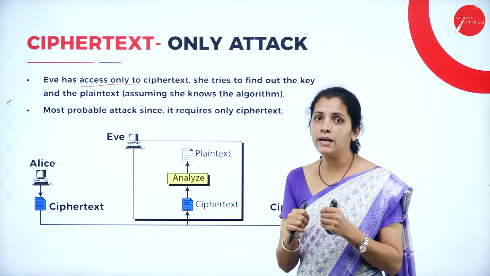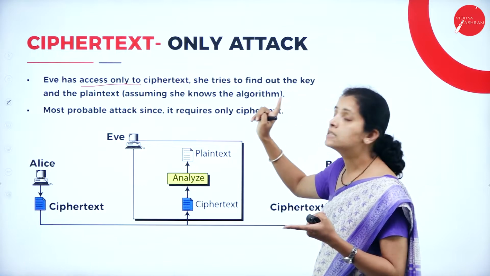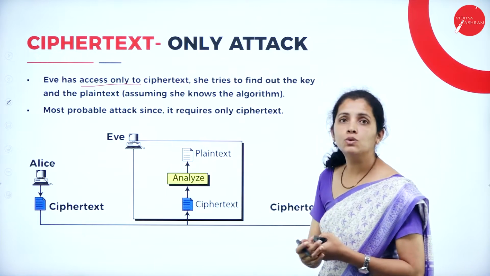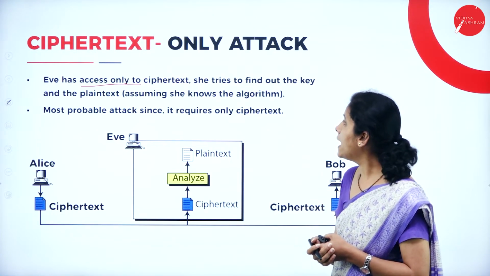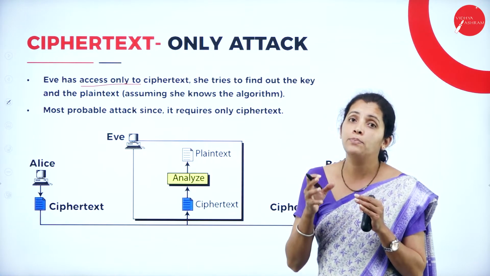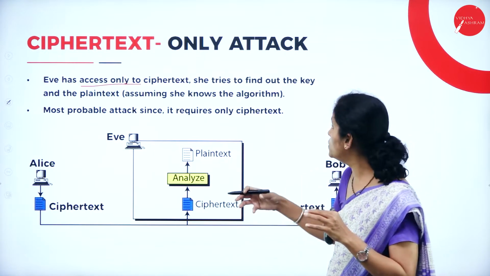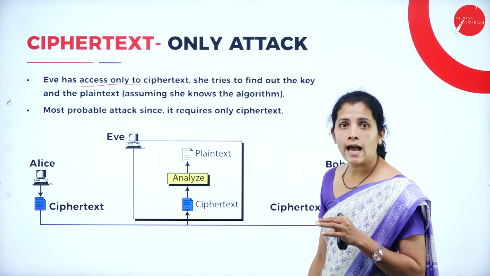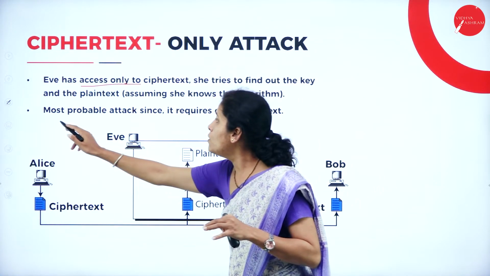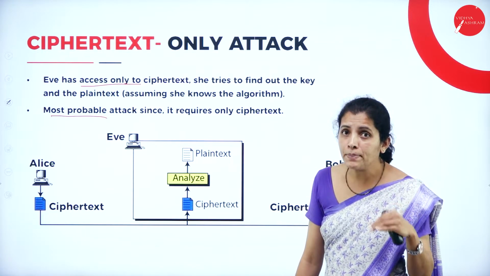By keeping the ciphertext, she tries to get the plaintext as well as the key, and this kind of attack is known as a ciphertext only attack. And here you assume that she knows the cryptographic algorithm. By applying the cryptographic algorithm, she tries to gain the plaintext as well as key information, and this is the most probable attack.